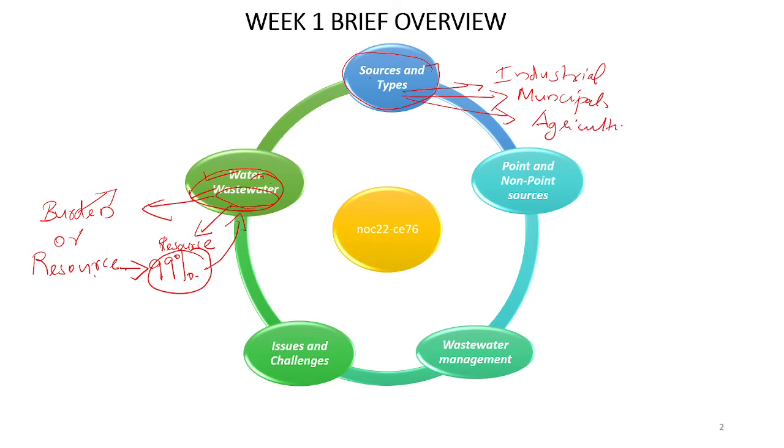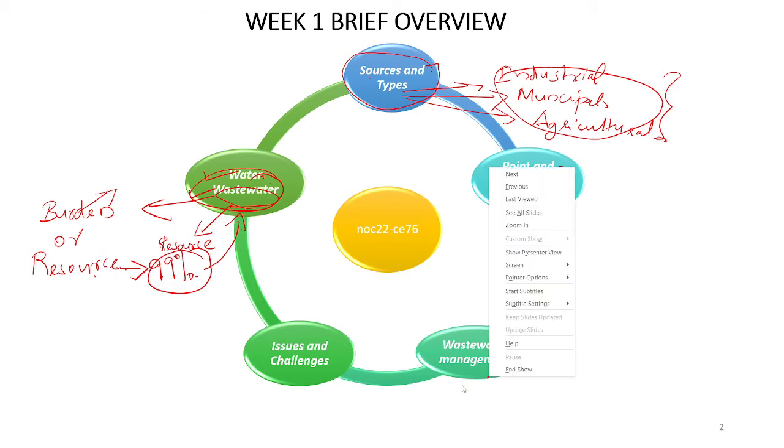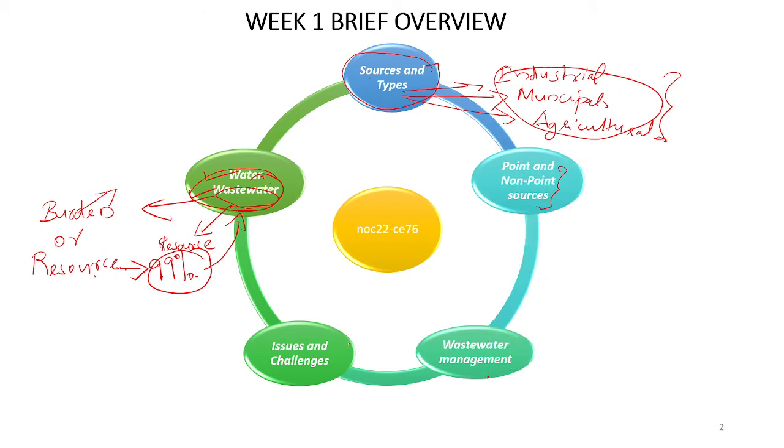There are many subdivisions in these 3. Then you would have learned about the point and non-point sources of pollution, and also about the requirement, or the importance, of wastewater management.